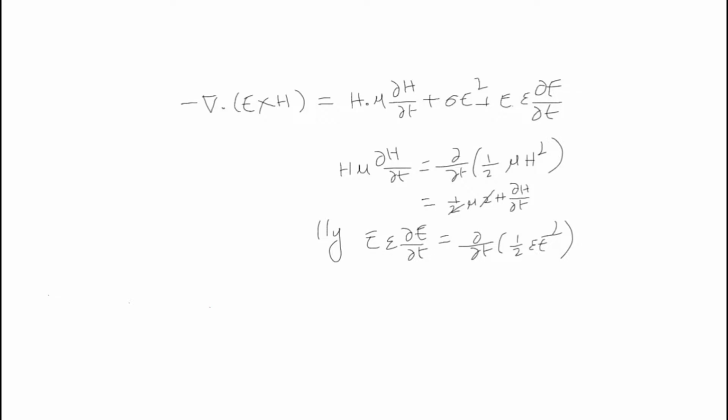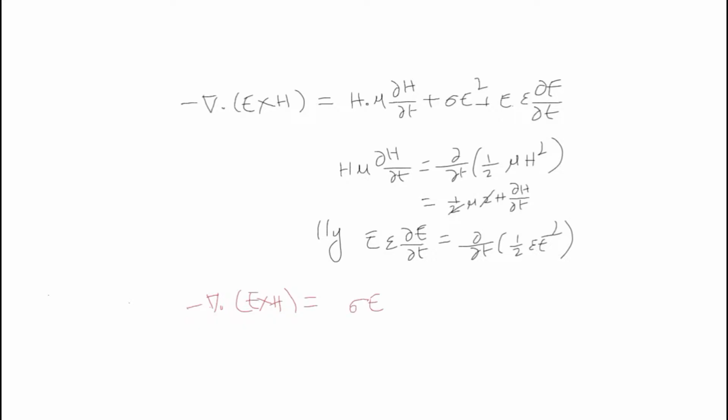Now we can write minus del dot E cross H is equivalent to sigma into E square plus the remaining terms.